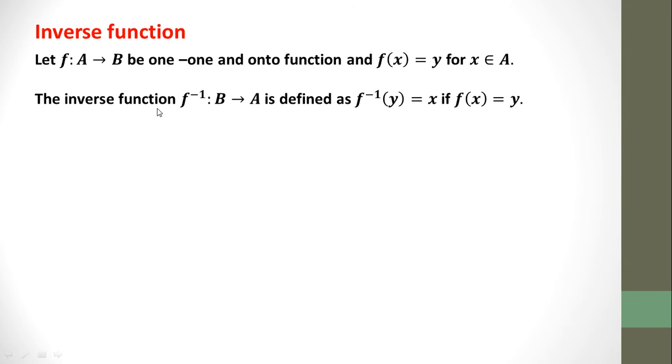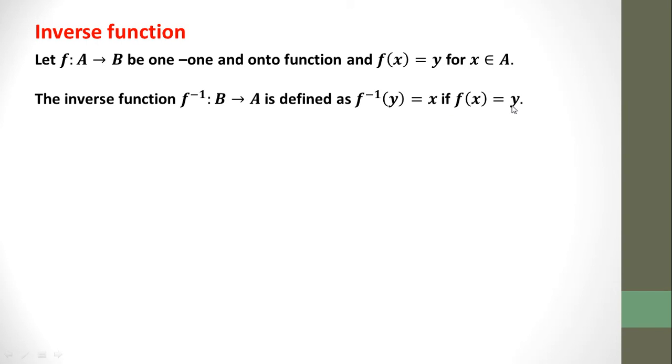See here, how will you write the inverse function? f inverse from B to A. The original function is from A to B, and its inverse function f inverse is from B to A, defined as f inverse y is equal to x.